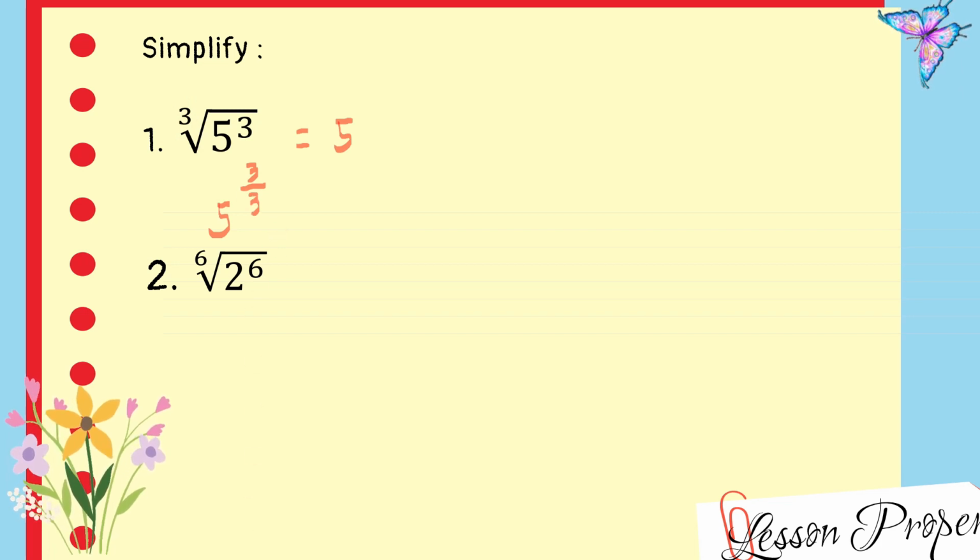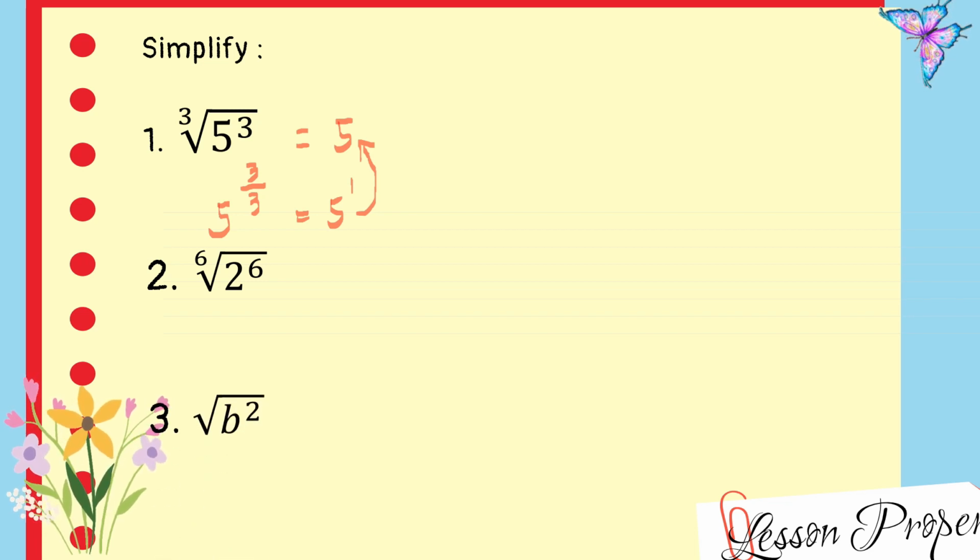So the cube root of 5 raised to 3 is equivalent to 5 raised to 3 over 3, which is simply 5 raised to 1, and 5 raised to 1 is equal to 5. Therefore, the cube root of 5 raised to 3 is equal to 5.